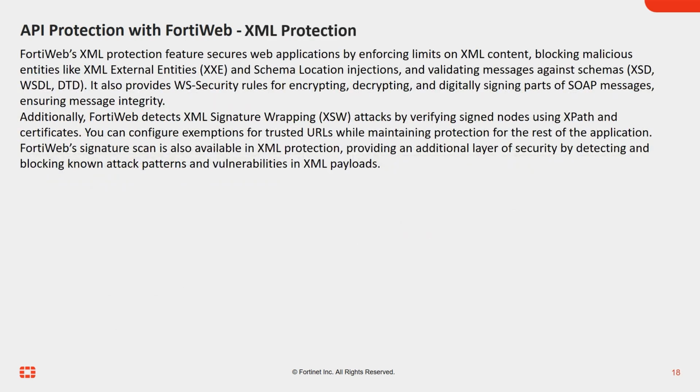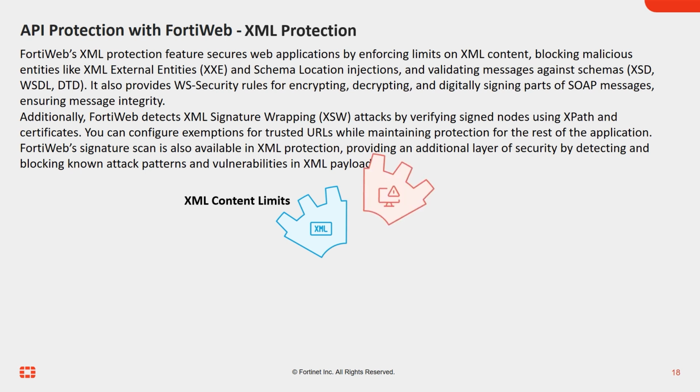FortiWeb's XML Protection feature secures web applications by enforcing strict security controls. It limits XML content, blocking malicious entities like XML external entities, XXE, and schema location injections. It also validates messages against schemas such as XSD, WSDL, and DTD.